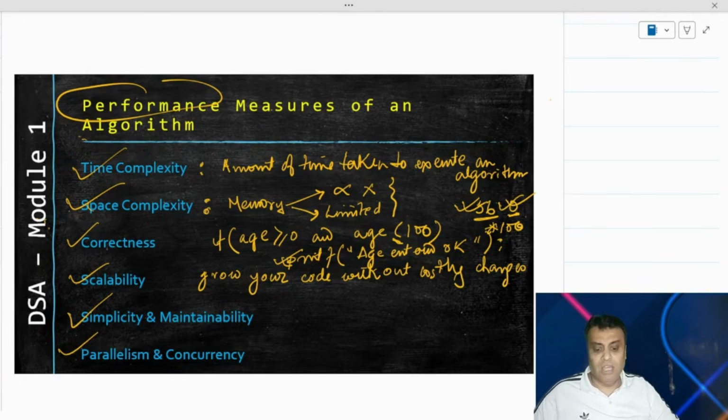I can actually use the complete computational power of a particular system, and hence make sure that multiple tasks are being achieved by exploiting the multiple resources that I have in my computer system. If an algorithm does that, it will score brownie points on parallelism and concurrency. So that's what is your parallelism and concurrency as far as performance measures of an algorithm are concerned.